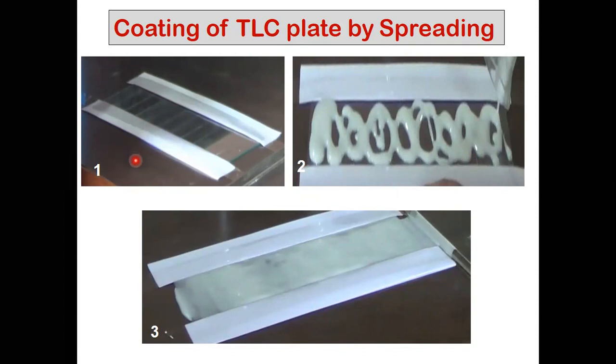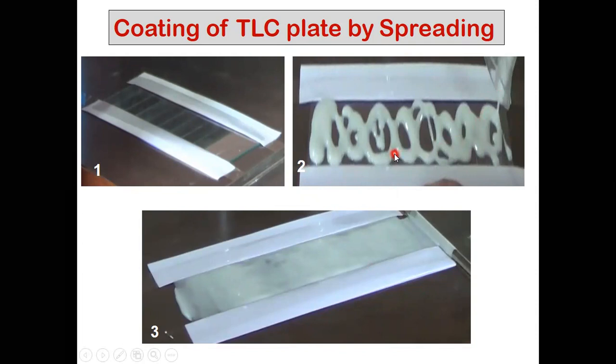After the preparation of TLC bed, pour the slurry. Slurry which is prepared by mixing 1 part of silica with 2 parts of water. Pour the slurry from one end of TLC bed to another end.